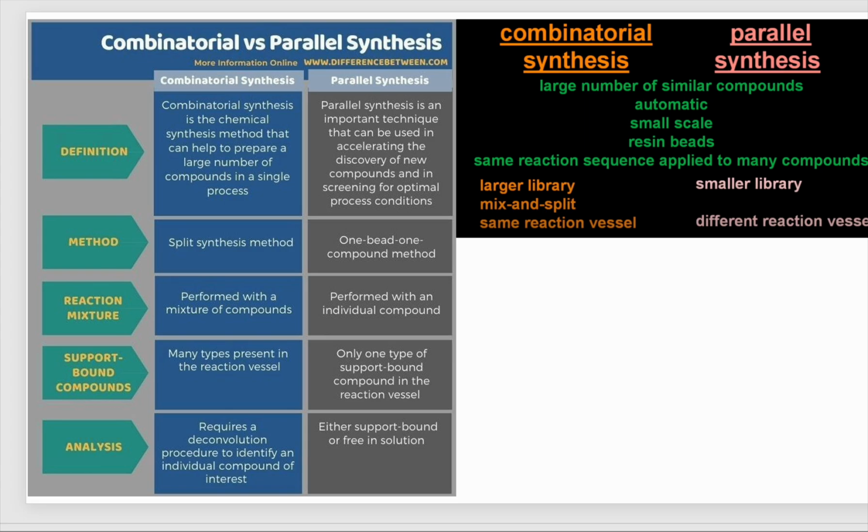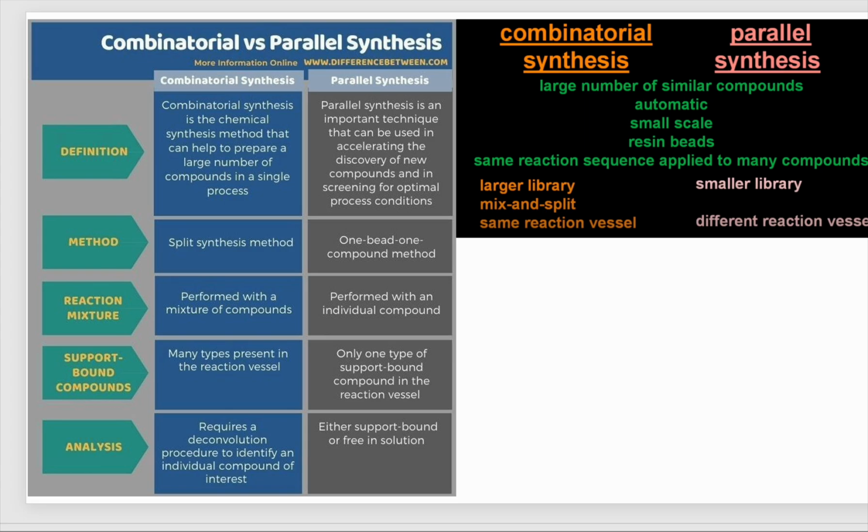So it's one bead one compound method and performed in individual compounds. Only one type of support bound compound in a reaction vessel, so you know what kind of compound it's forming. It's either support based, solid phase organic synthesis, or solution based.